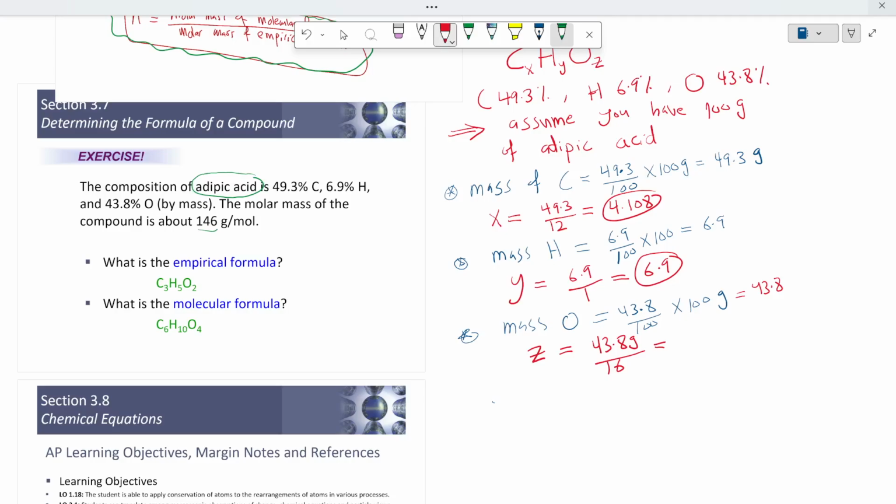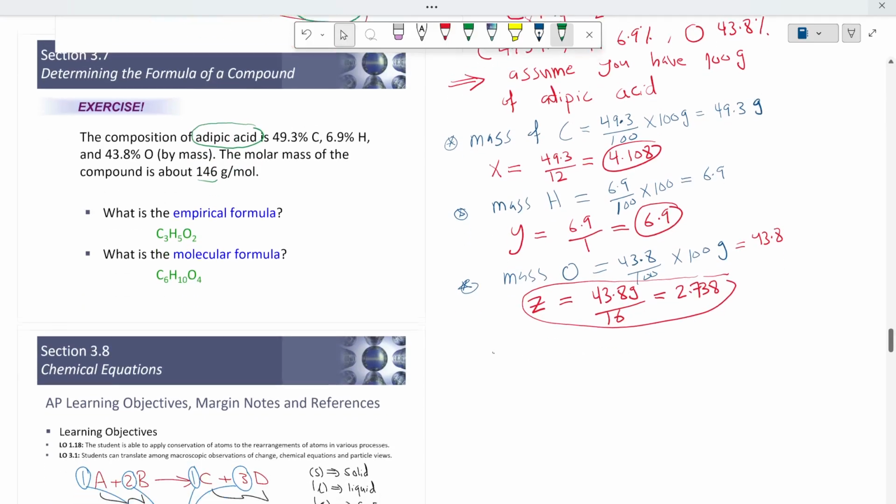And the answer is 2.738. Now we got the values of X, Y, and Z.